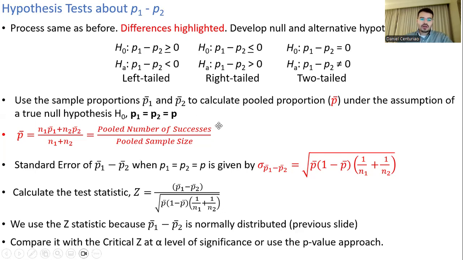That allows us, instead of having the proportion of the population, for which we don't have any information, to assume it is the same, as with the standard deviation of the population.